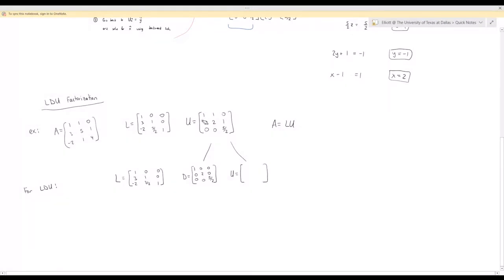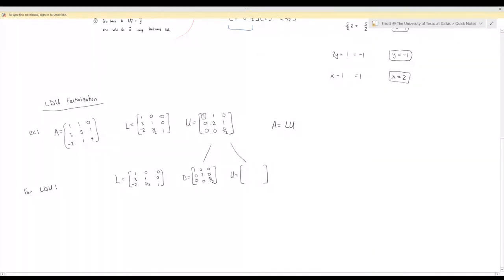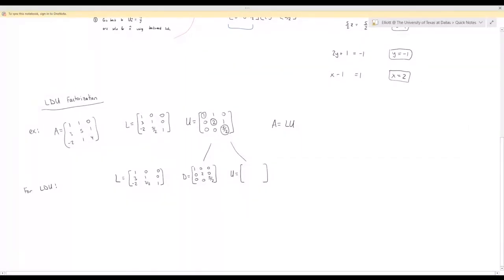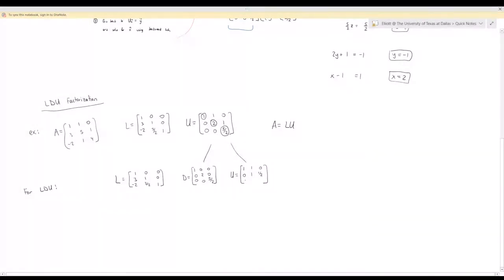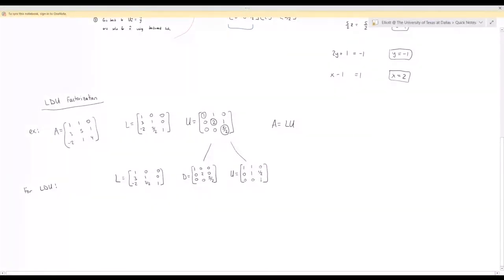The way that's going to work is you're just going to take the original U for LU, and you're going to divide each row by the pivot, so that we're going to divide row 1 by 1. Okay. We're going to divide row 2 by 2. And then we're going to divide row 3 by 5 halves.